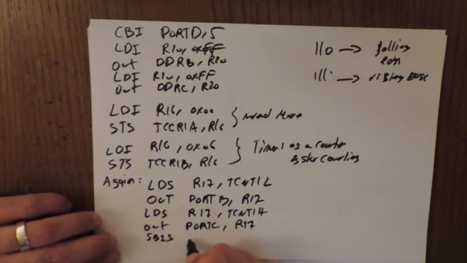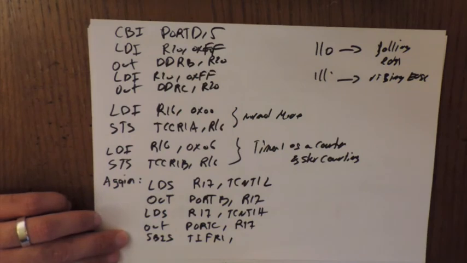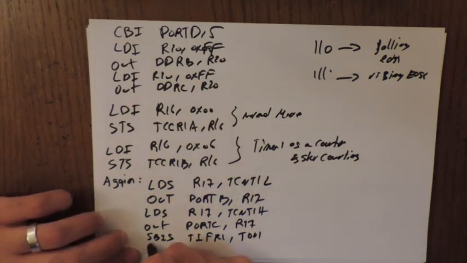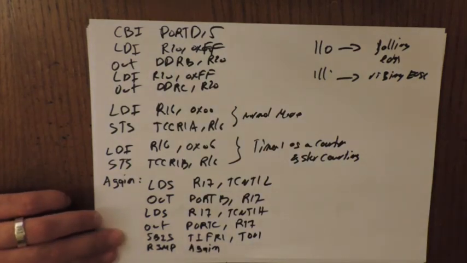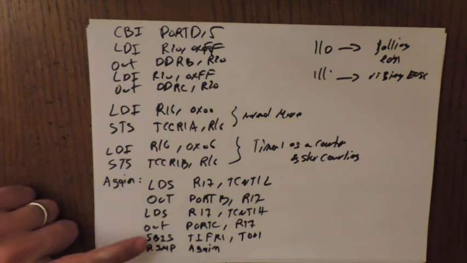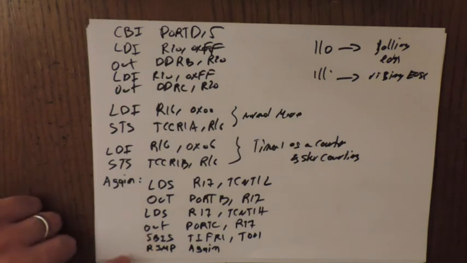Then I will go ahead and say SBIS TIFR1, TOV1, for when it reaches 65535, and then RJMP again. So it will continue doing this until the flag is set. Once it's set, it will skip this.